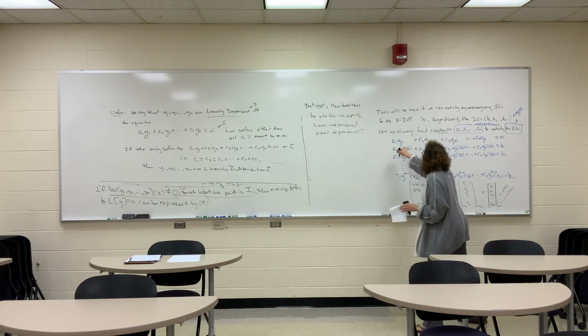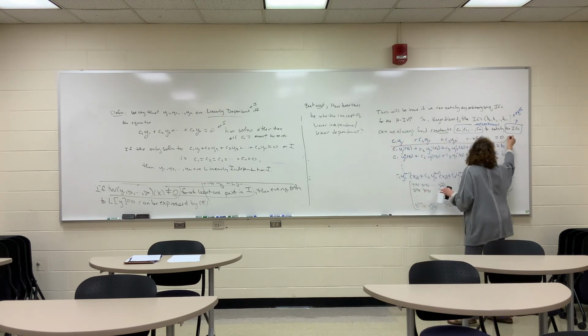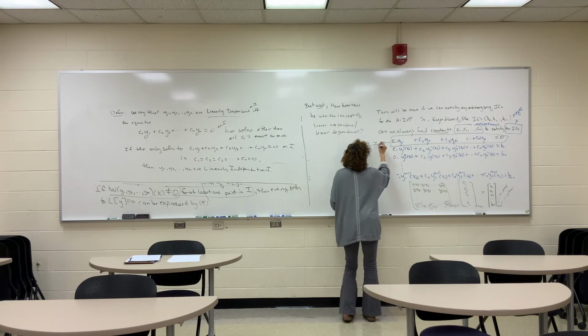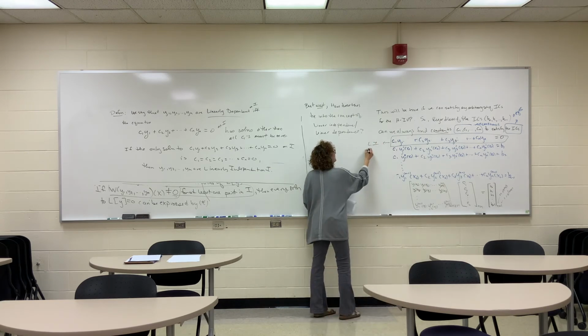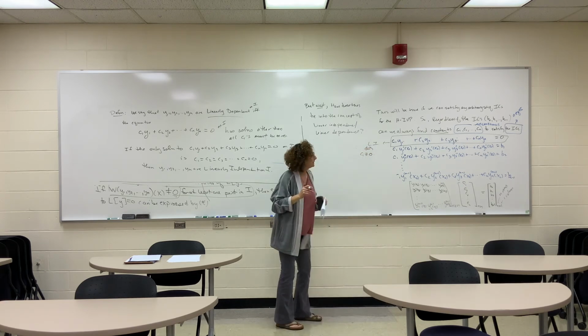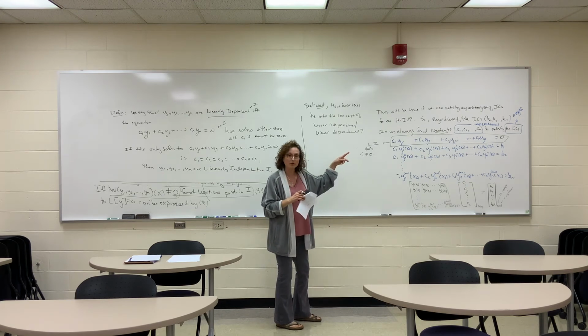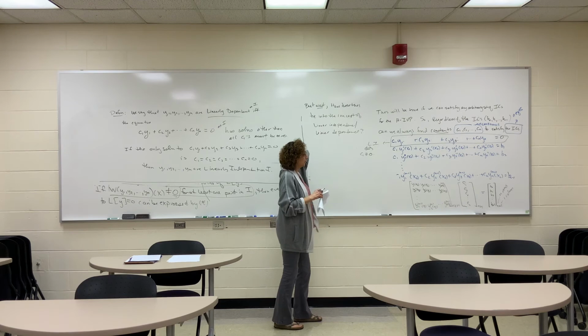So if that equation is true, this is my equation for linear independence, right? Linearly independent if and only if all the C_i's have to be identically 0, right? But that's one equation for n unknowns, right? One equation for n unknowns.